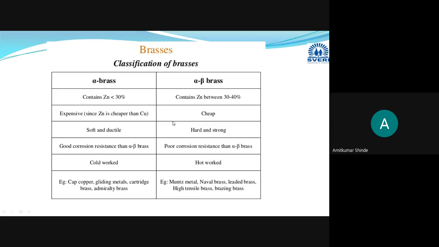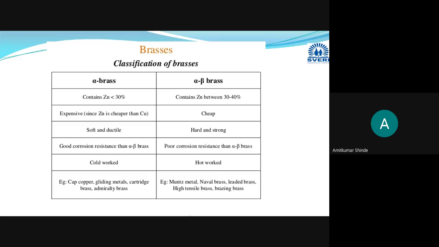Okay, whichever examples I have written here, these four types and these five types, totally nine types, we are going to discuss in the next lecture, along with their composition, properties and their specific applications.